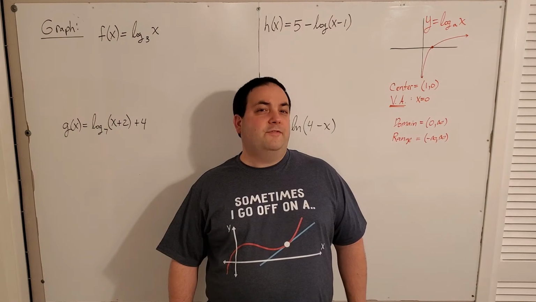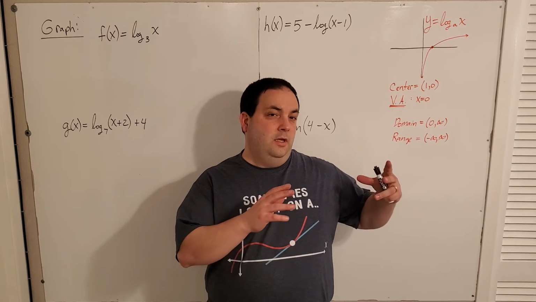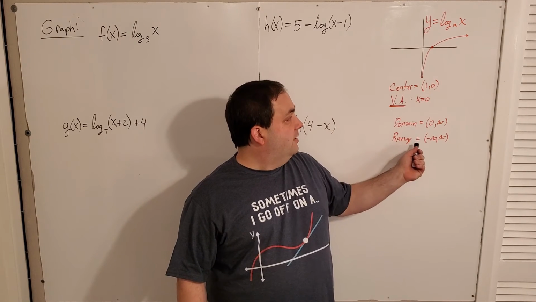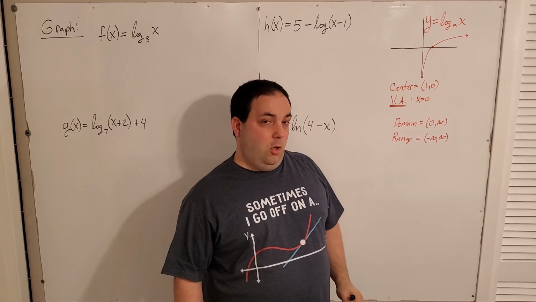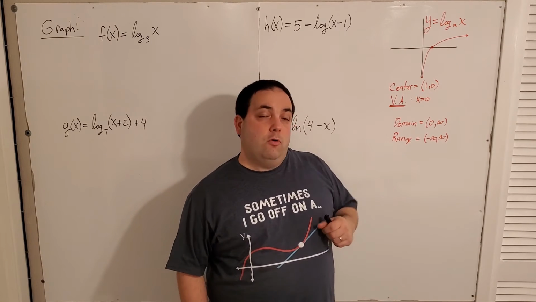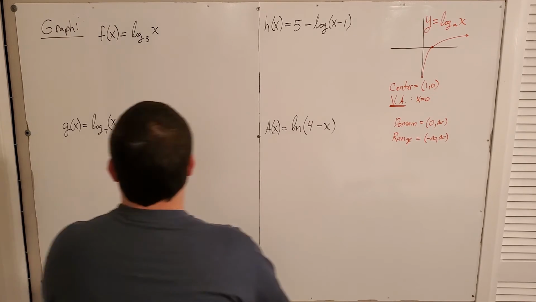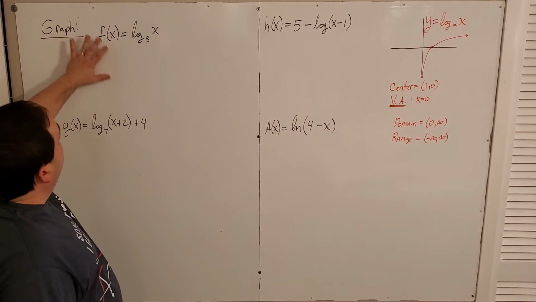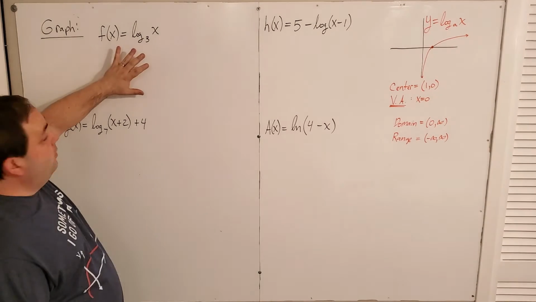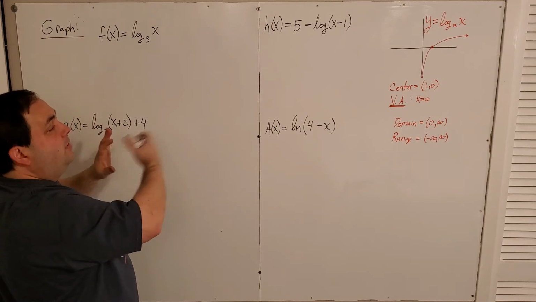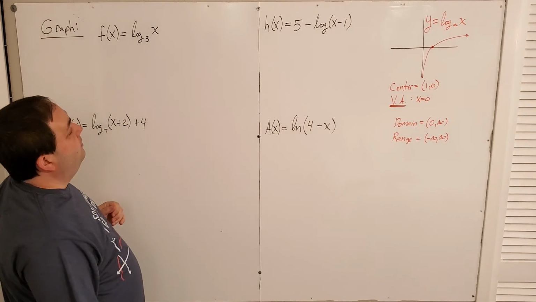Now let's graph some of these functions using the information that was just discussed. So I have all of this information on any basic logarithm graph. Now we're going to graph a few using the transformations. Let's start with just a basic logarithmic function. I don't care that the base is 3 unless I'm comparing it to other logarithmic graphs.